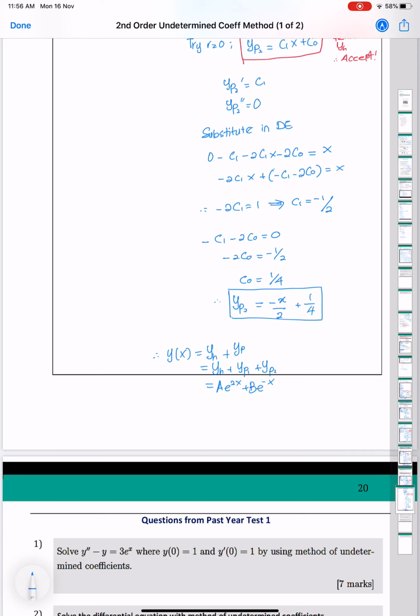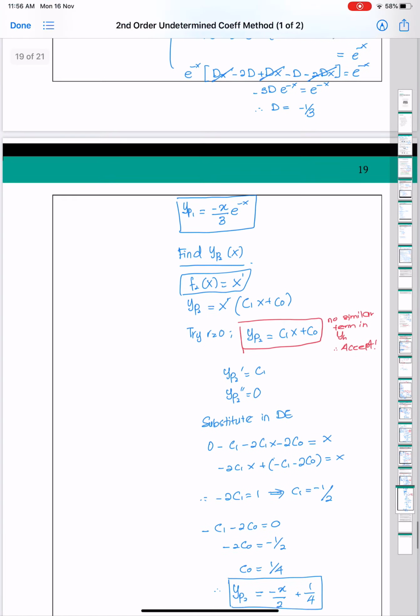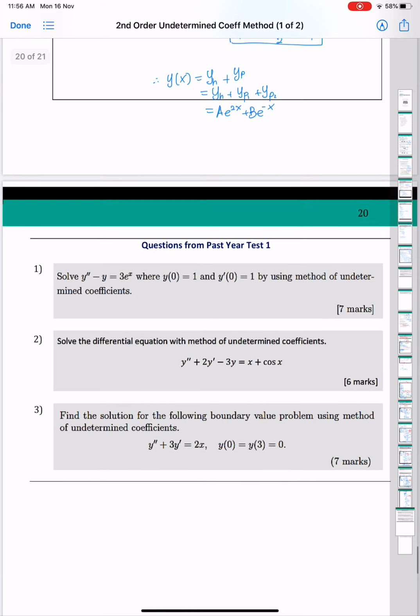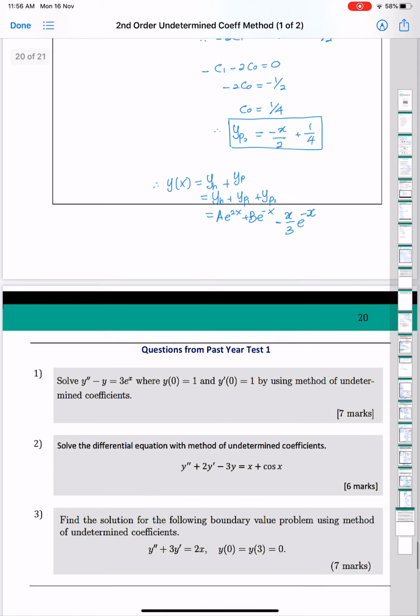And yp1 is negative x over 3 exponent negative x. And my yp2 is negative x over 2 plus 1 over 4.